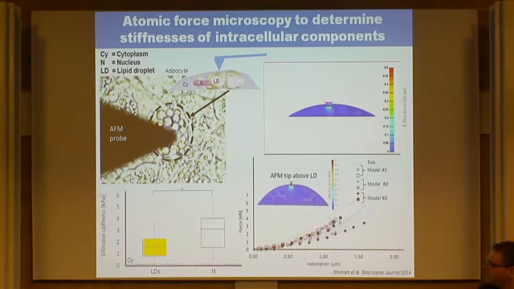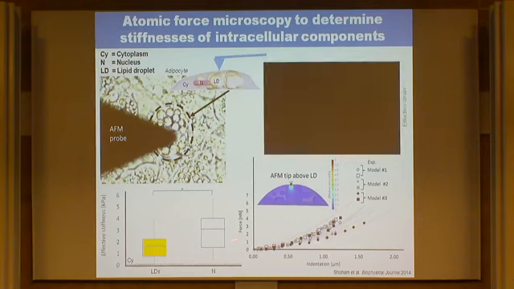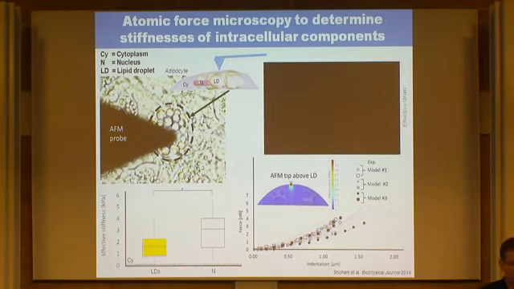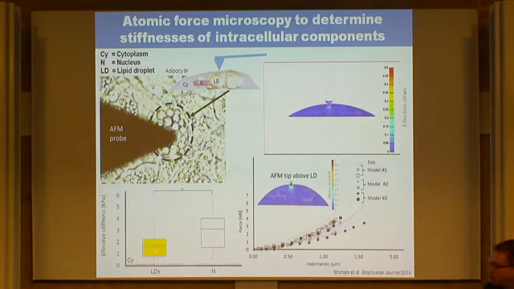But the bottom line is that, as you could expect, the cytosol is very, very soft. The nucleus is the most stiff component in the cell, and that's all known. But the lipid droplets are somewhere in between, actually closer to the nucleus in terms of stiffness than to the cytosol.